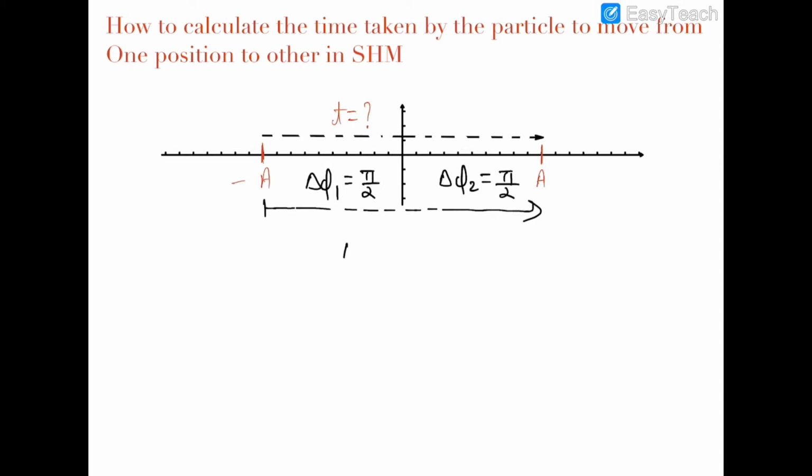So the total change of phase when the particle moves from this point minus a to plus a is pi by 2 plus pi by 2, which is equal to pi. And you have to equate this change of phase with omega t, where t is the time taken by the particle to move from the initial position to the final position.